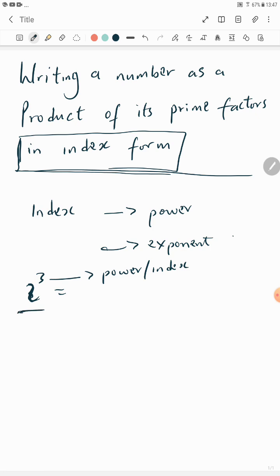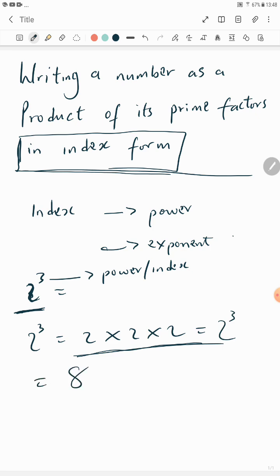So this number is in index form, 2 raised to the power of 3, because 2 raised to the power of 3 simply means 2 times 2 times 2 in 3 places. So instead of writing 2 times 2 times 2, we can express that as 2 raised to the power of 3. And of course, you know that the origin of this number is 8.